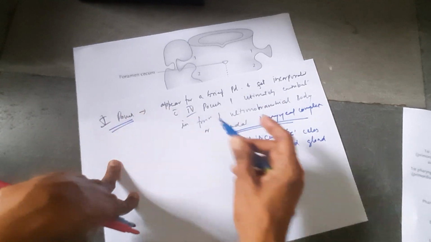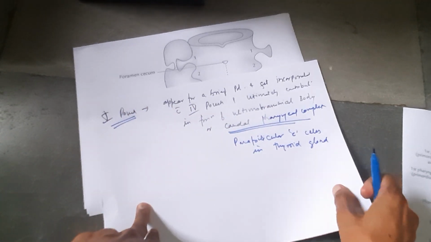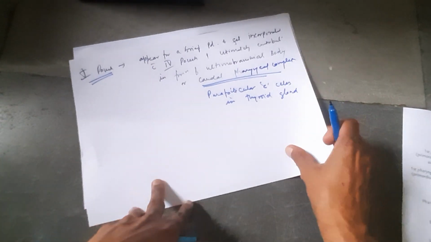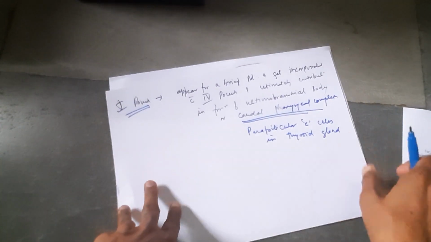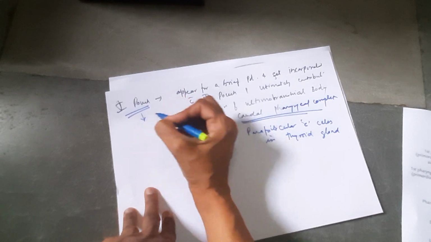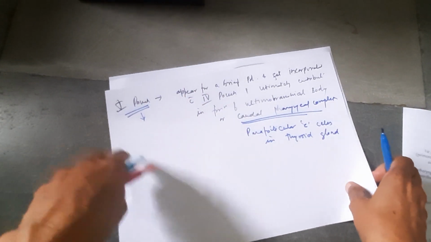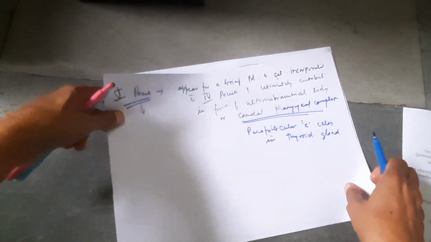Okay, so fifth pouch may be present, but it appears for a brief period and immediately it will get incorporated with the fourth pouch. Some say its appearance in the human is not known. So this is about the pharyngeal pouches.